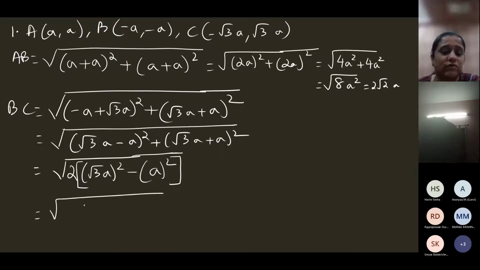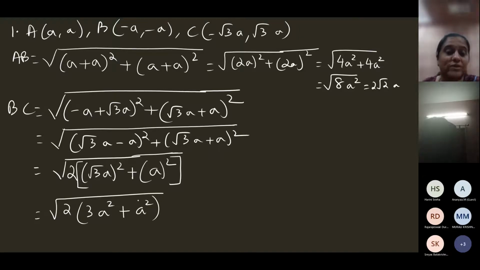That is equal to square root of 2 into root 3A the whole square, so this will be 3A square, plus A square.